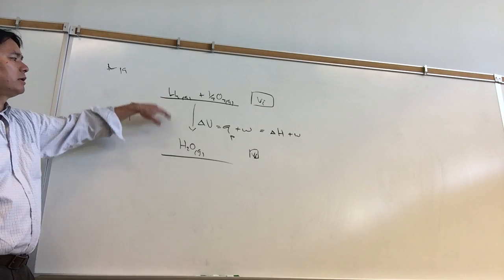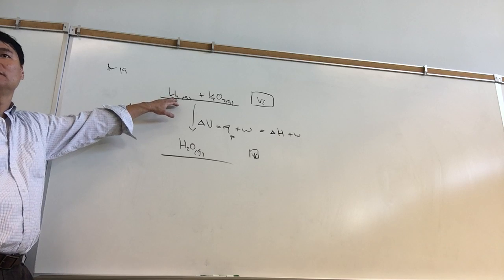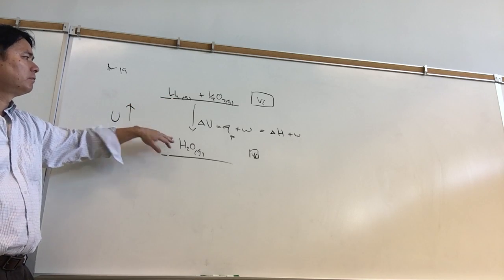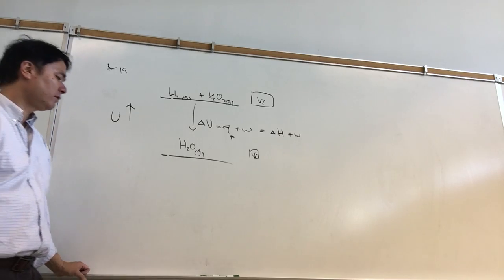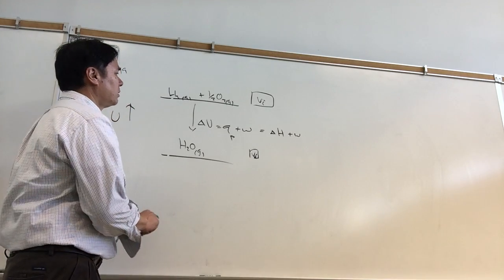Well, it looks like the surroundings are going to have to do the work because we're shrinking down volume. If the surroundings does the work, then the system gains energy by having work done on it by the surroundings.